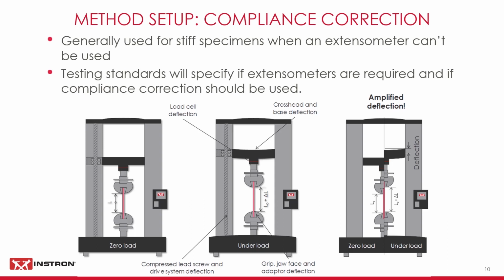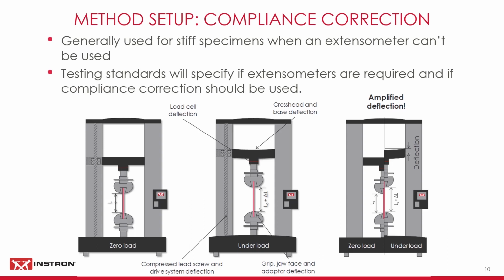This is a major reason why extensometers are used, to measure strain directly from the specimen. But when that's not possible, you can also use a virtual measurement in Bluehill Universal called corrected displacement, which removes the system's compliance from the displacement measurement.